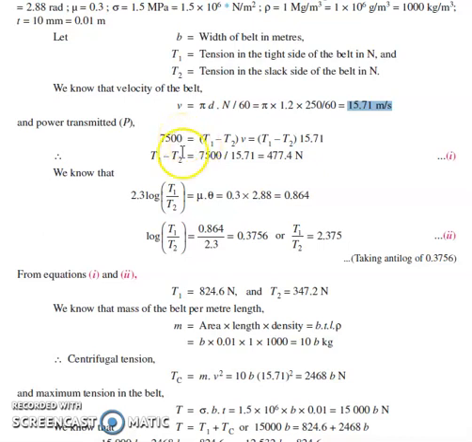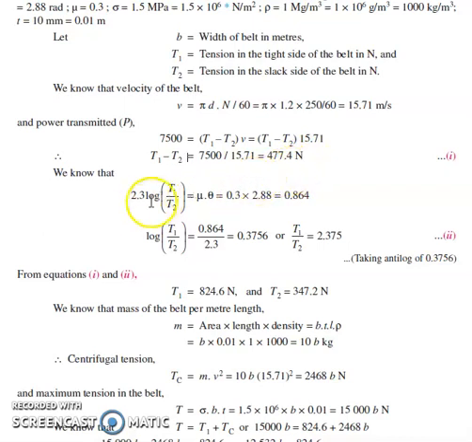Therefore now we have got the difference in tension between the tight side and slack side. It is not the actual tension value of a tight side or a slack side, but the difference in tension is 477.4 Newton.